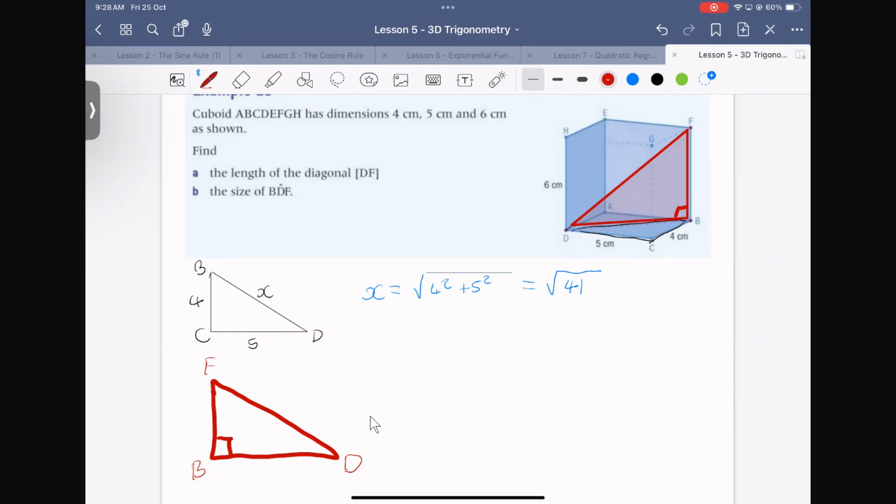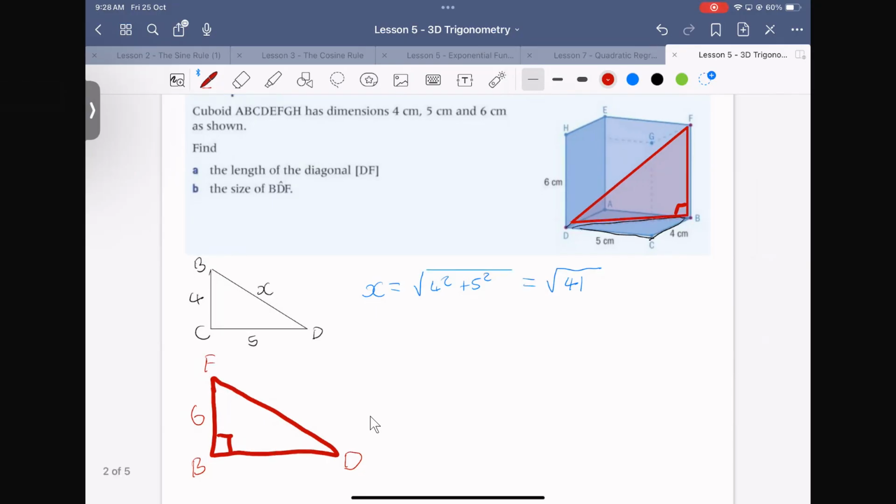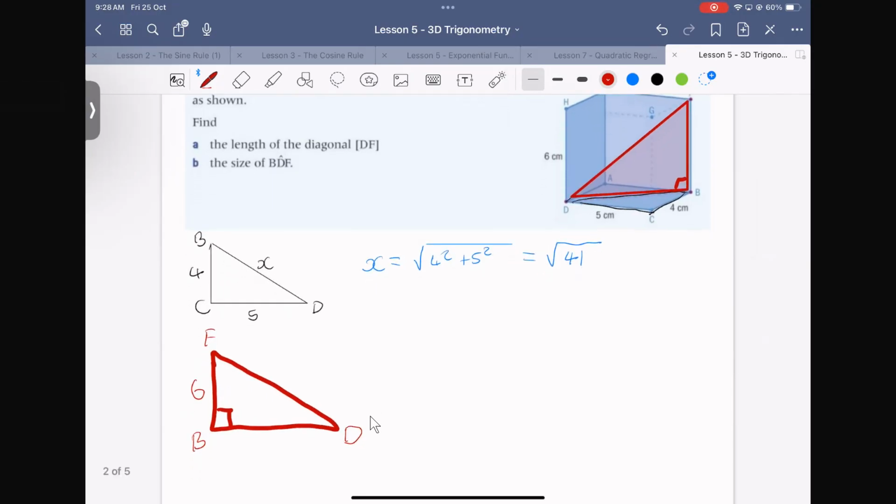Do we have any lengths? 6 centimeters. Which one's 6? FB is 6. Do we have any other lengths? Root 41. Which one is that one? BD. Yeah, root 41. And this is the length that we're after, isn't it?